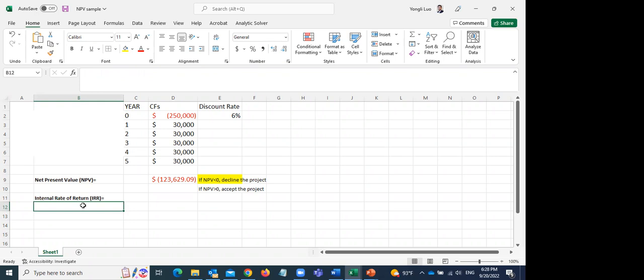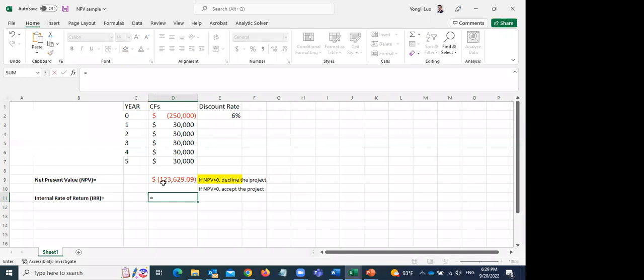So when you do the internal rate of return, you can see the formula is equal to IRR, and then you just select all these values.